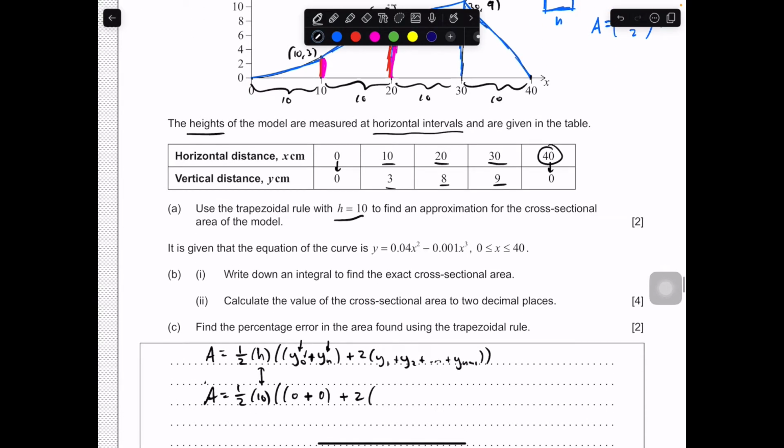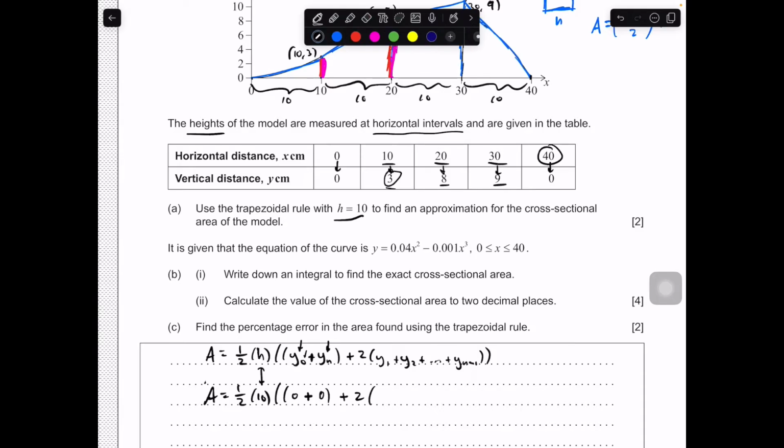So plus 2 times y1, the height at y1 right here, plus the height at y2, the second interval, plus the height at our third interval, which is, whoops, I'm sorry, this is a mistake. It's not the x values, rather.